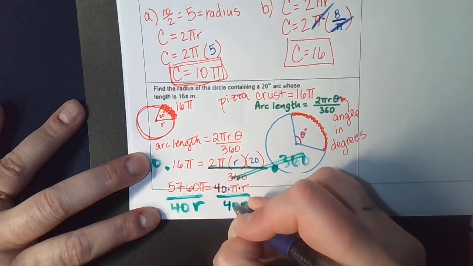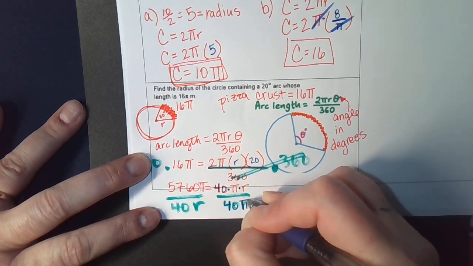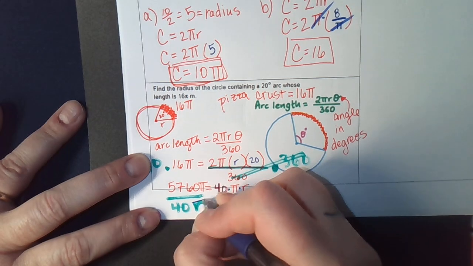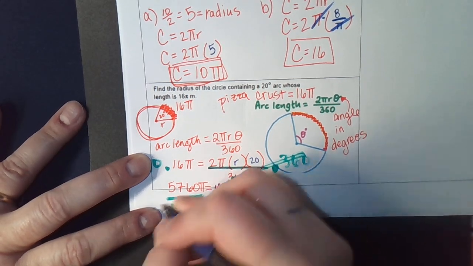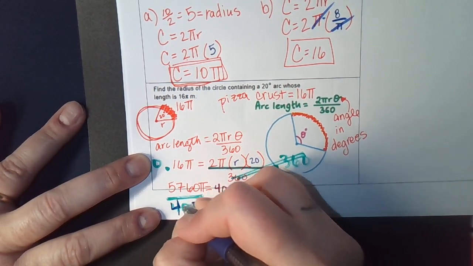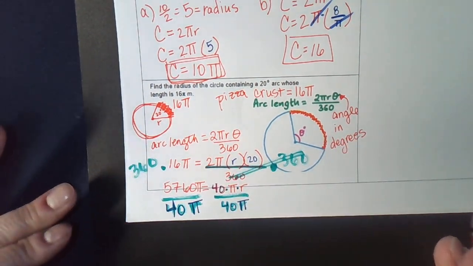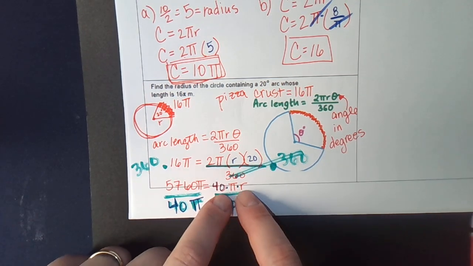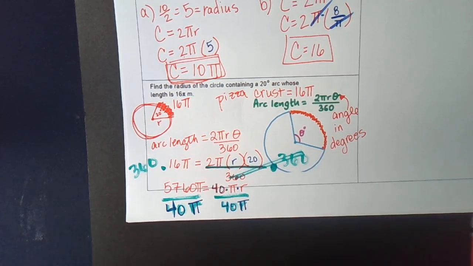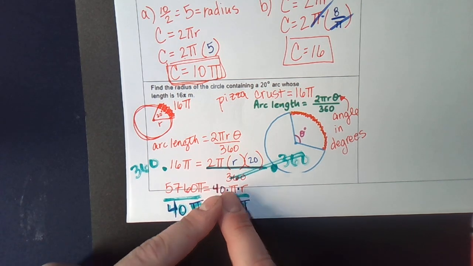Dividing by 40 and a pi. There's too many symbols. I'm panicking. Okay. So we're getting r by itself, but we're supposed to divide by everything that's on the r, which is a 40 and a pi.